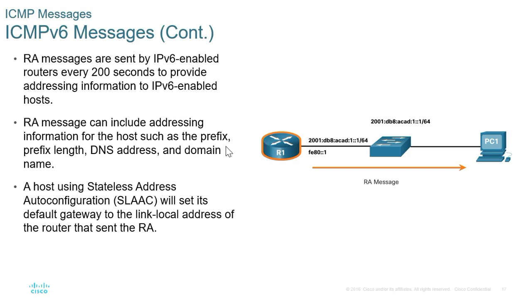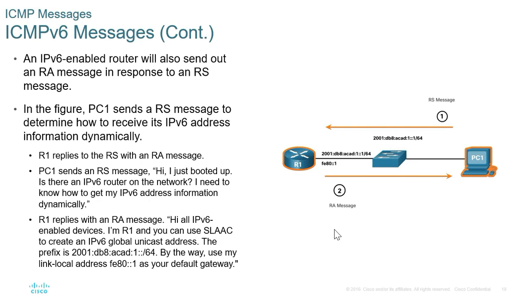Okay, so kita ada prefix length, DNS address and also domain name. Okay, so saya dah explain a little bit about IPv6 kan. So ada beberapa cara untuk kita configure IPv6 on a particular host dan salah satunya adalah stateless address auto configuration. So dia dapat parameter mengenai IPv6 tu daripada router ini, from the router advertisements.